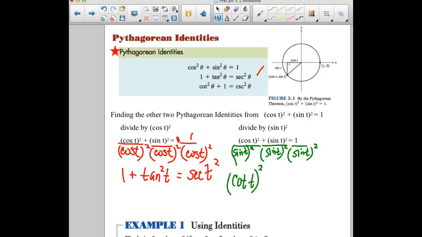If we take sine squared divided by sine squared, we get 1. And if we take 1 over sine squared, that is the same as cosecant squared. So again, of all of those three Pythagorean identities, if we memorize the first one, we can generate the other two simply by looking at what happens when we divide either by a sine squared or a cosine squared.